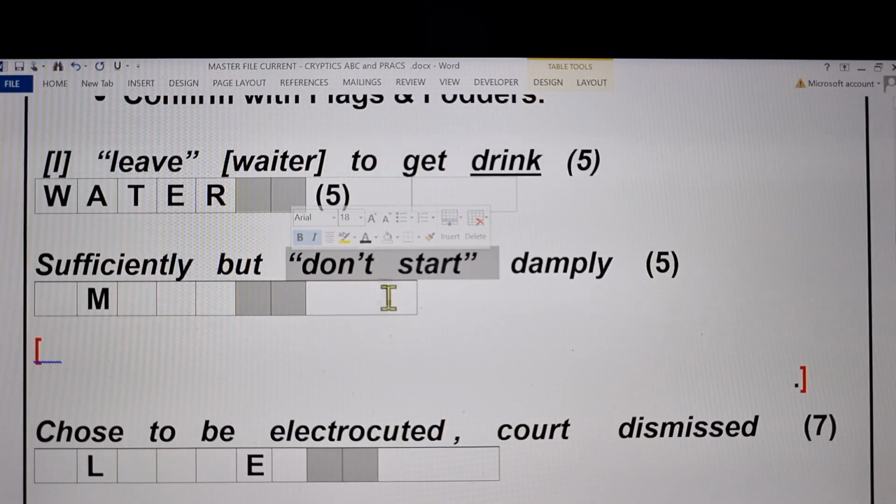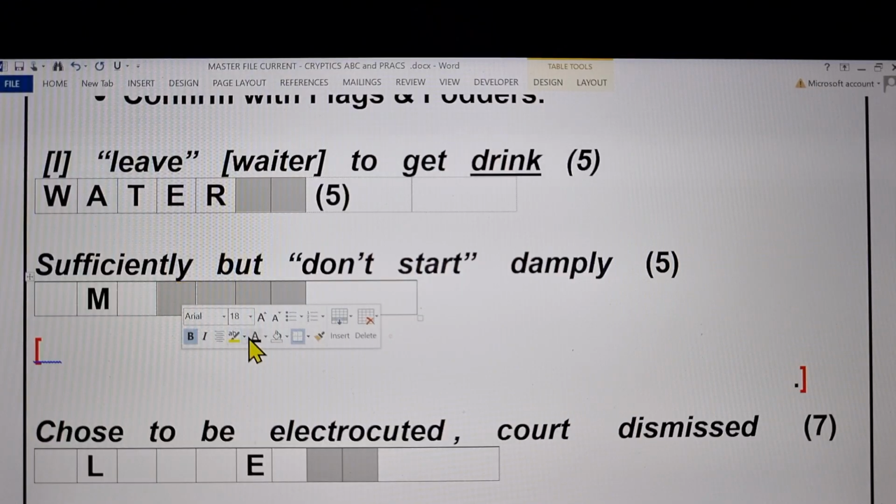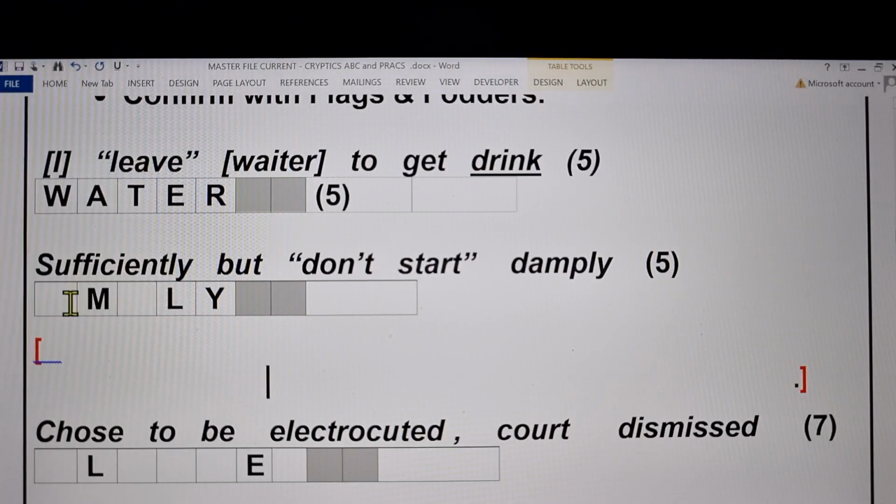Okay, and let's see, key: "sufficiently" or "damply." Interesting, both these possible keys are adverbs ending in -ly. I would strongly suggest, therefore, that whichever one of those is the key, the answer is also going to be an adverb ending in -ly. All right? What do you think? What's the synonym for sufficiently? Got it?